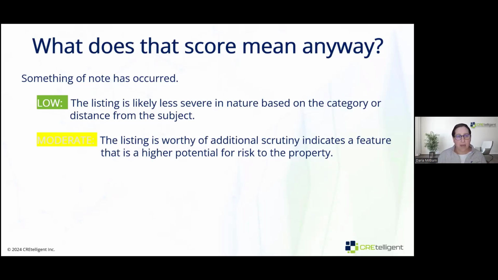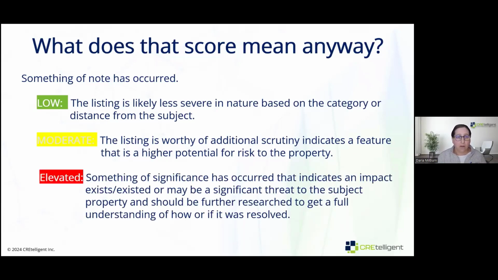A good example of that might be a hazardous waste generator permit or a stormwater discharge permit. It's important to be aware of it. You might want to look into it and find out a little bit more about it. But ultimately, relative to other categories of listings, it isn't the highest concern.